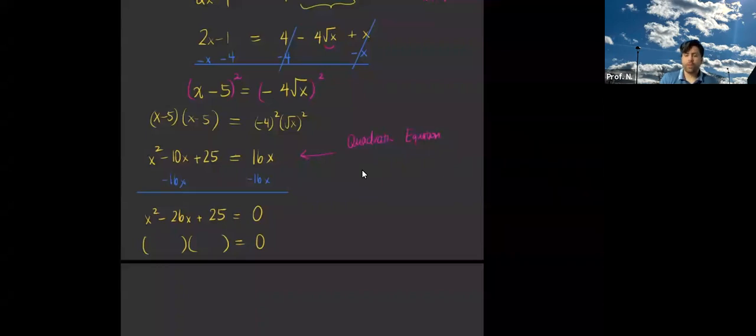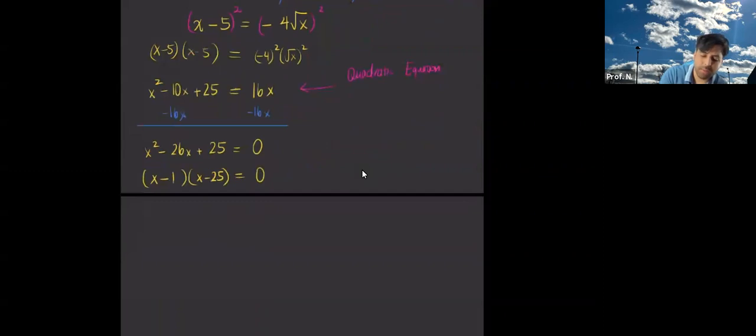Negative 1 and negative 25. Very good, Sima. Yes, that's right. So this becomes x minus 1 and x minus 25. Negative 1 times negative 25 gives me positive 25. Negative 1 plus negative 25 gives me negative 26. So those are the correct two numbers. And then what do we do at this point here? We solve, right? X equals 1 and x equals 25.